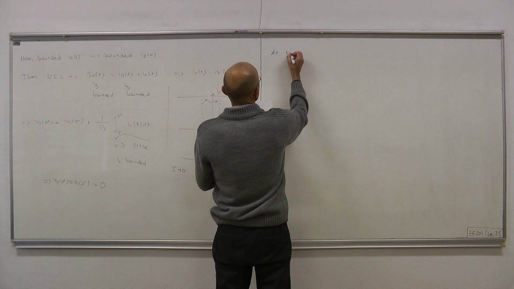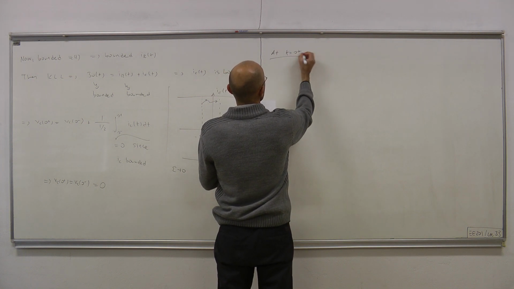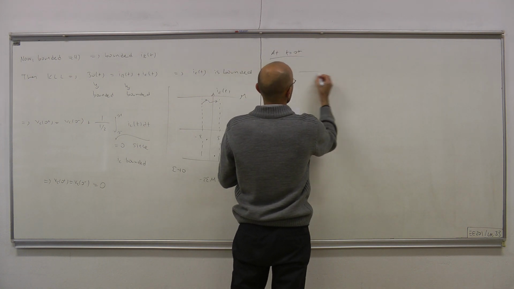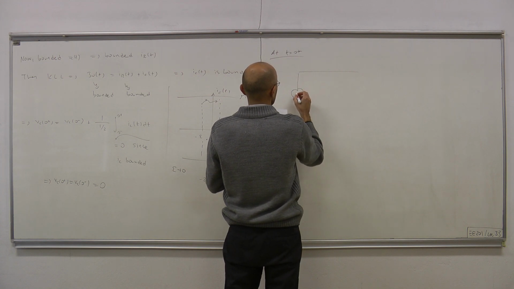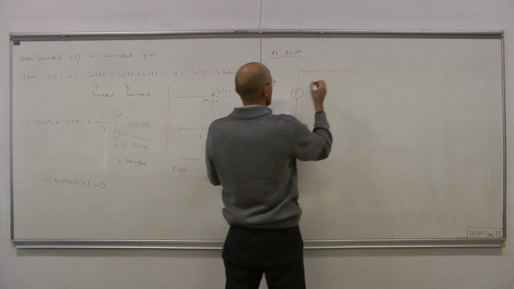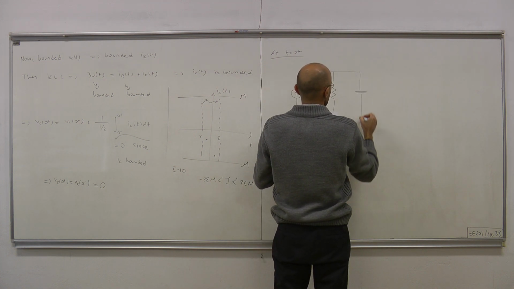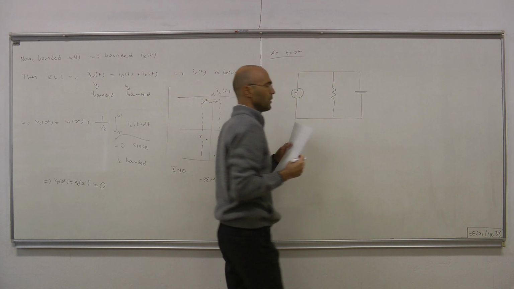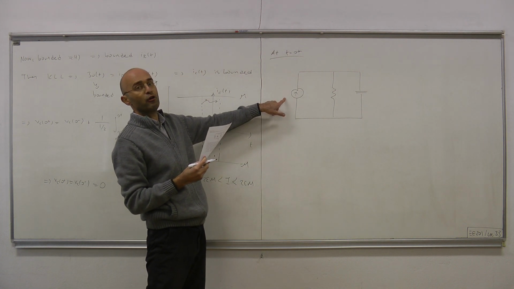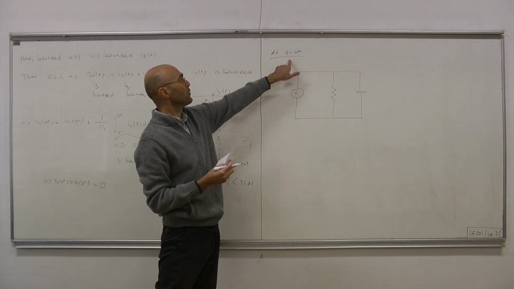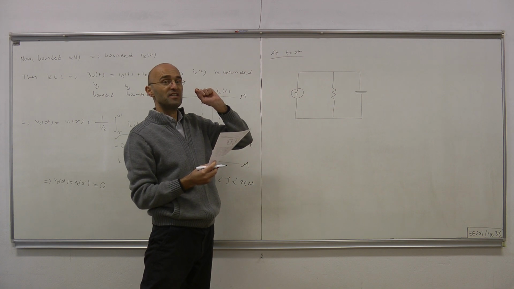At t equals 0 plus. Okay, this is the circuit. Here we had 3 ut. Now we're talking about some particular time, which is t equals 0 plus.